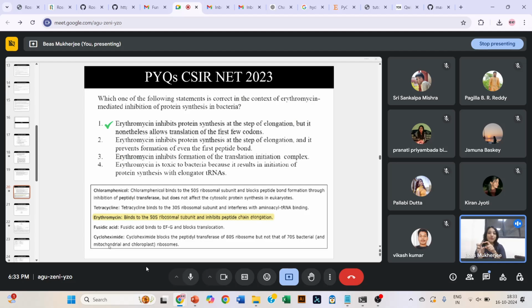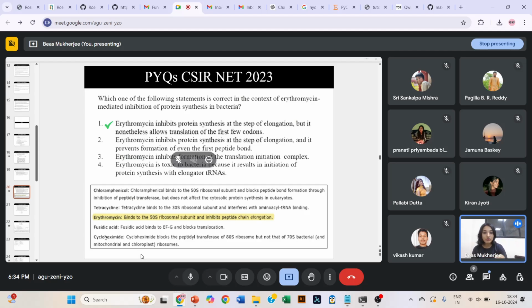So in the book, only that tiny bit will be given that it prevents elongation. But then when you go through the previous year's questions, you will realize what CSIR NET expects you to answer. Okay, what is accepted as the answer. Then you will realize that, okay, it allows first few residues and then it stops. First few codons, sorry. Right, so it is very important to practice and practice.